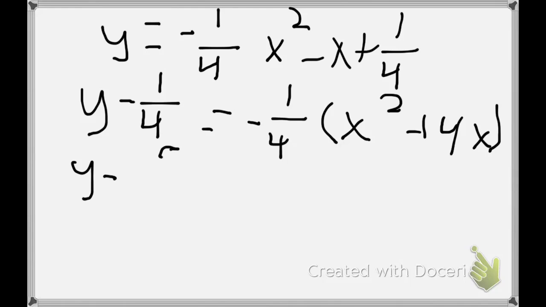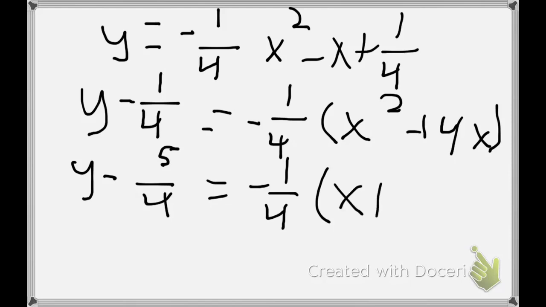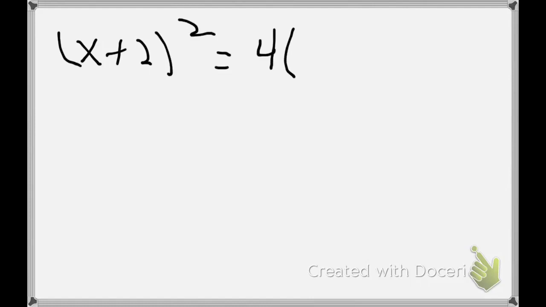y minus 5/4 equals negative 1/4 (x plus 2) squared. We can now also rewrite this to become (x plus 2) squared equals 4 times negative 1 times (y minus 5/4).